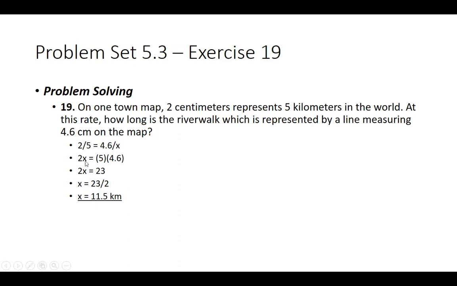Cross multiply, get those cross products. 2 times x equals 5 times 4.6. 2x then equals 23. Divide both sides by 2, and 23 divided by 2 gives us 11.5. The bottom numbers are kilometers, so 11.5 kilometers.